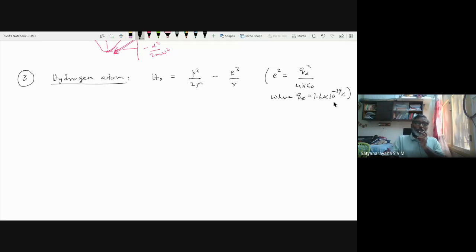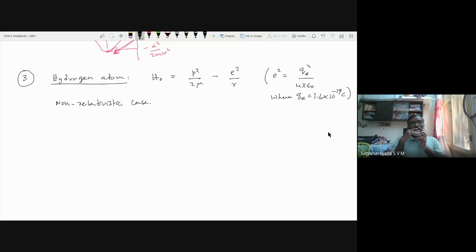We have been following this notation. But we have argued that this is a non-relativistic Hamiltonian, right?